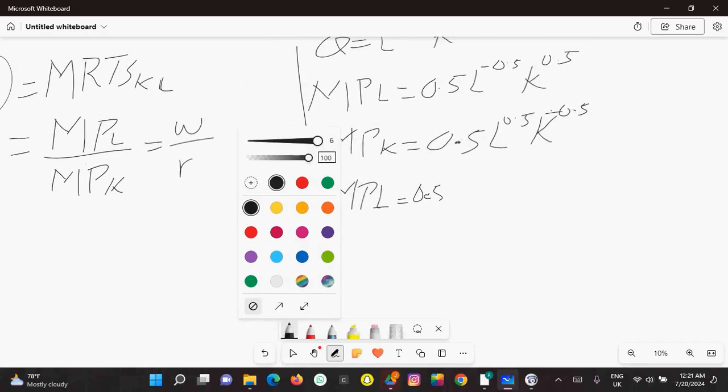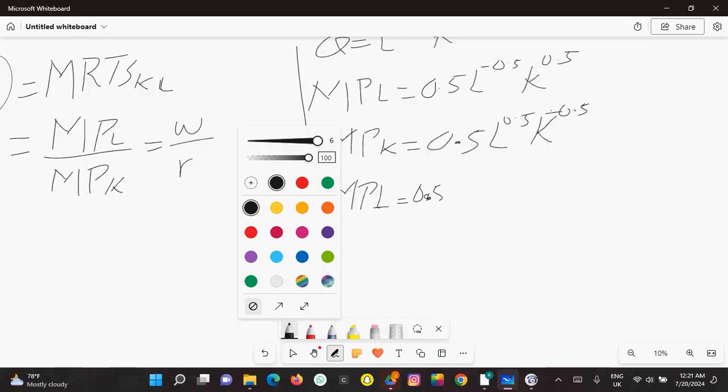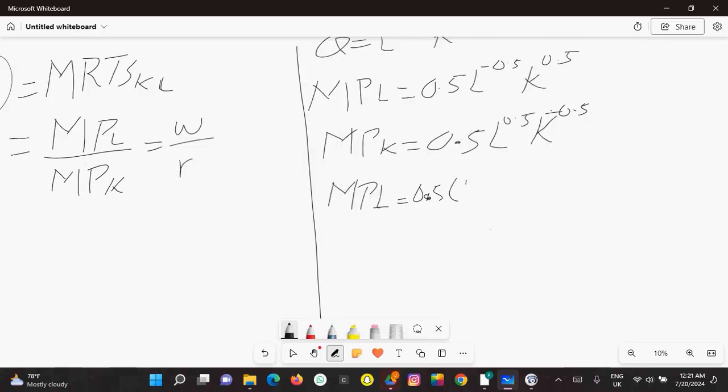Then the power raised here will be 0.5 minus 1.